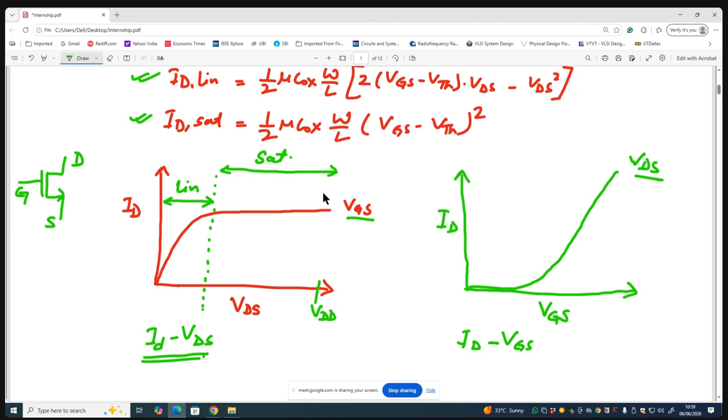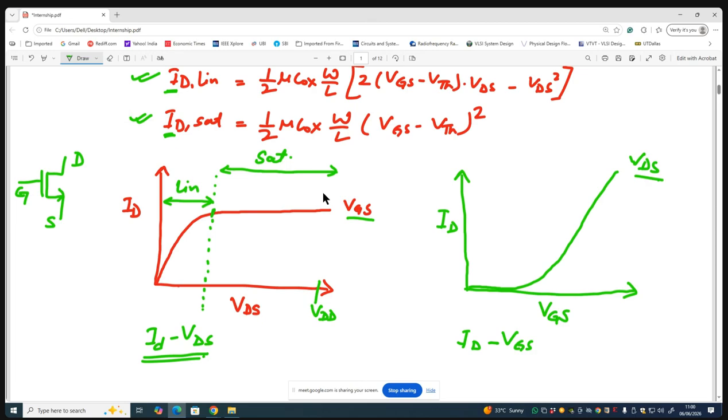So actually, no single current equation captures the whole ID-VDS range. It's actually a combination. Up to this point the current characteristic is captured by this equation, and when it is in the saturation region, it is captured by the saturation current equation, right?